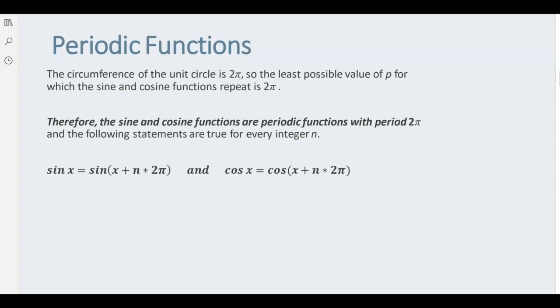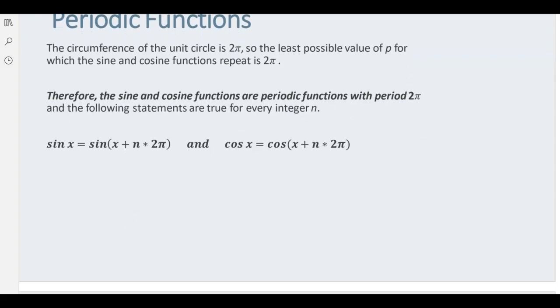So if I were to look at the sine of a particular value, let's look at pi over 3. The coordinates for pi over 3 are 1/2 and the square root of 3 over 2.